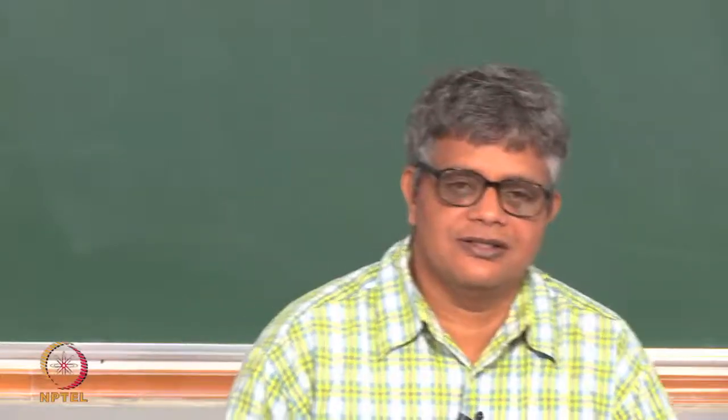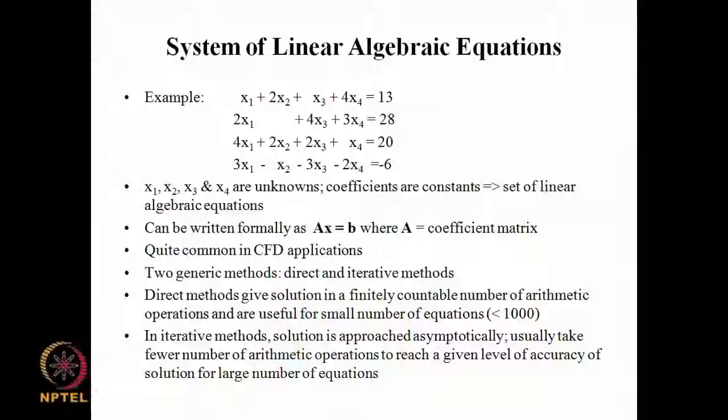So, we are distinguishing between arithmetic operations and general mathematical operations. Gradient operator is a mathematical operation, whereas here in computer solution of linear algebraic equations, we are looking at arithmetic operations, that is addition, subtraction, division and multiplication of real numbers, and these are what we are interested in.